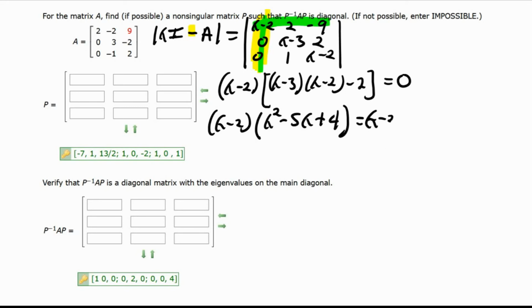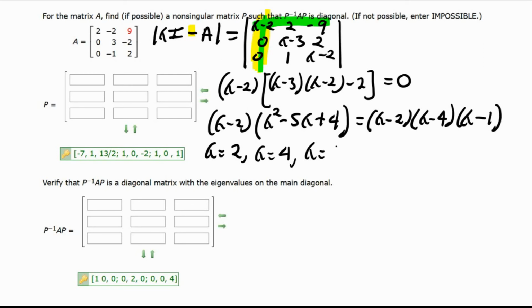So this is lambda minus 2, and because I'm left-handed, I write my lambdas backwards, I'm sorry. So this is lambda minus 4, I almost forgot factoring, and lambda minus 1. So we get lambda equal to 2, lambda equal to 4, and lambda equal to 1.